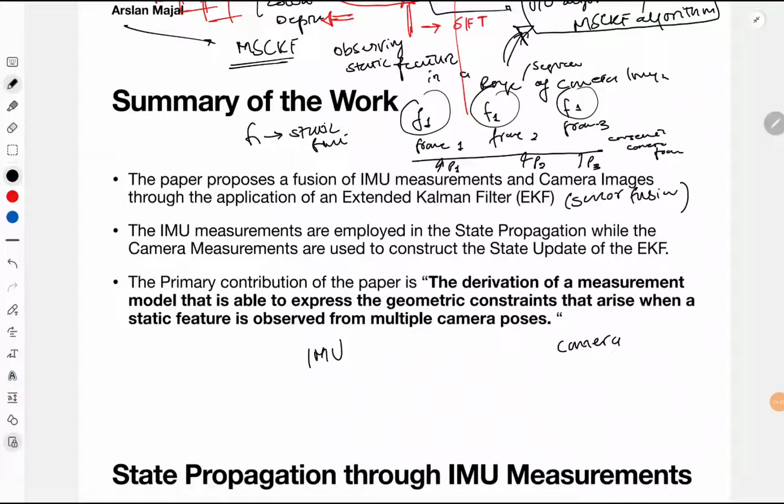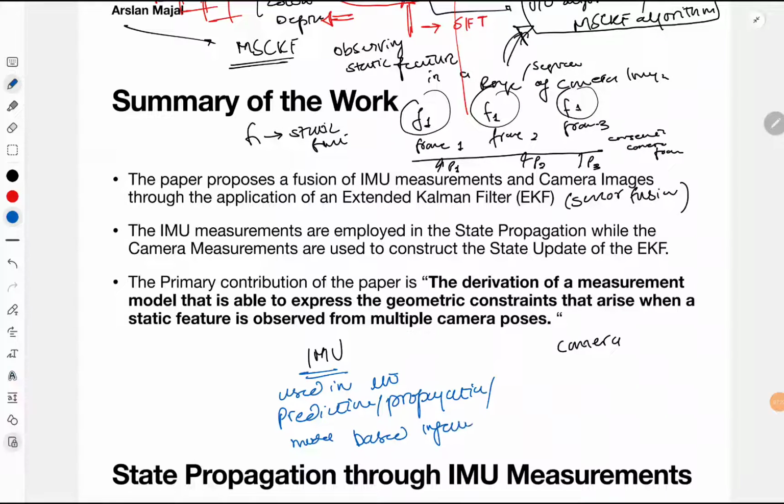If you're familiar with the Kalman filter, the IMU is used in the prediction, propagation, model based step. What I'm trying to say is that the IMU data in the Kalman filter based sensor fusion fits into the process models.